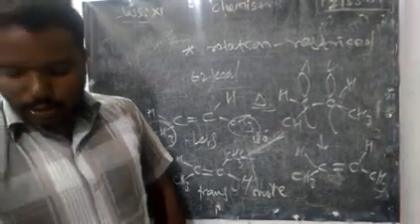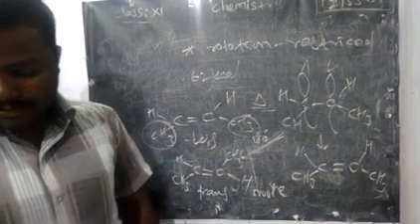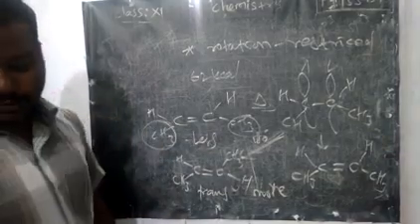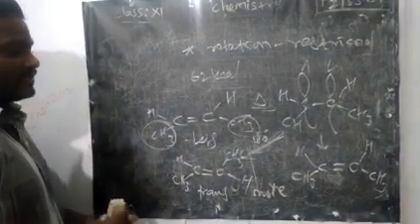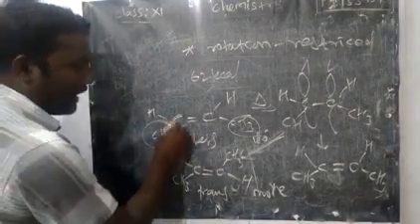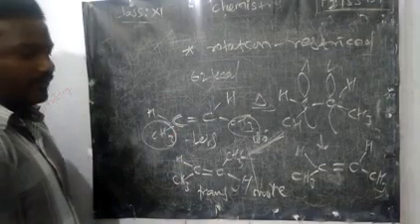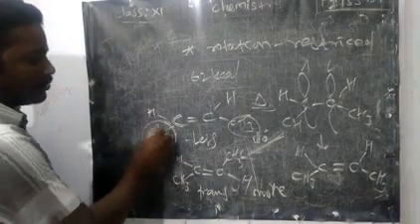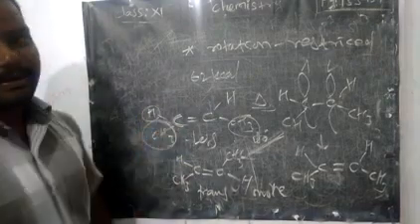Also, no geometrical isomers are possible if one of the double bond carbons has two identical hydrogen atoms. See, we need a condition also. The carbon involved in cis or trans isomerism should have different groups.